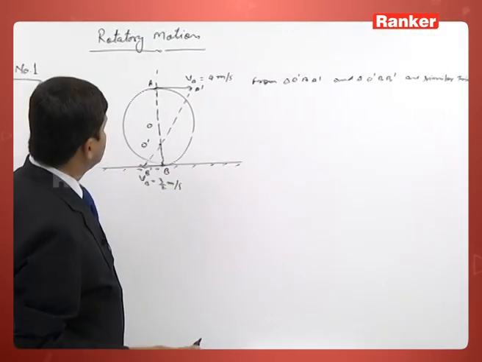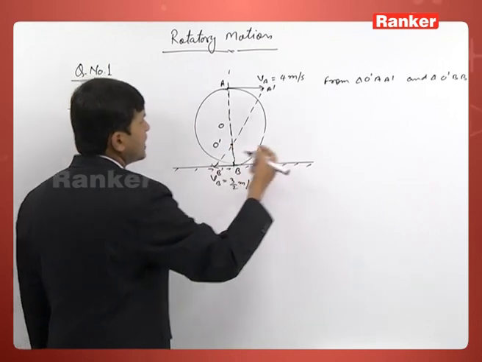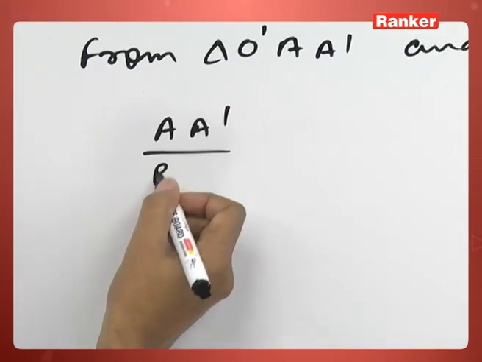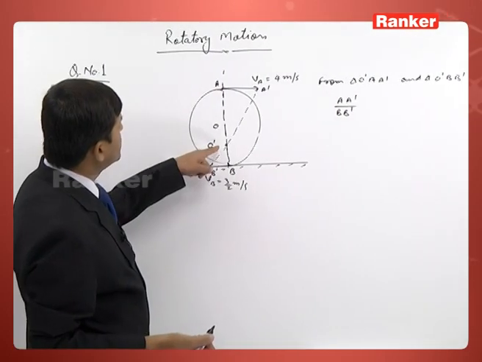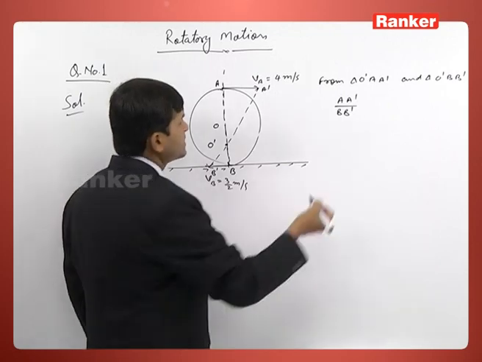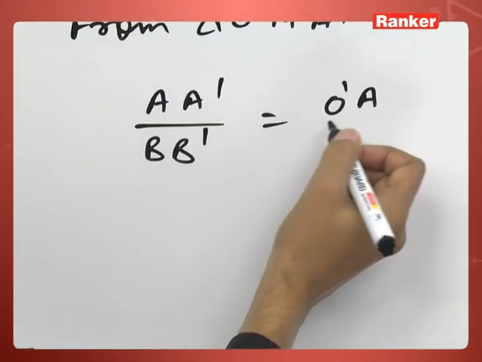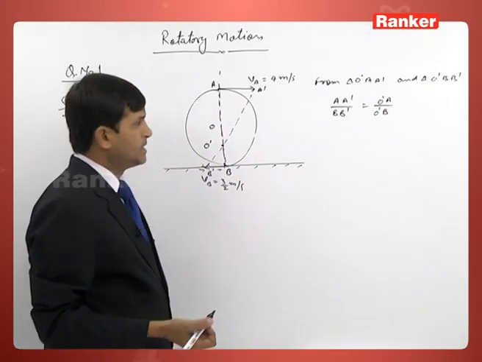So from similar triangles we can say A dash by B dash equals O dash A by O dash B.